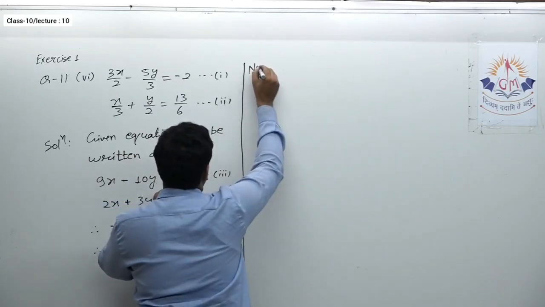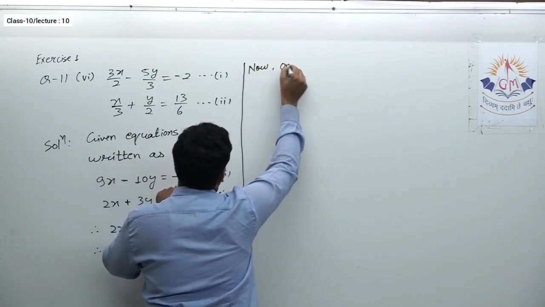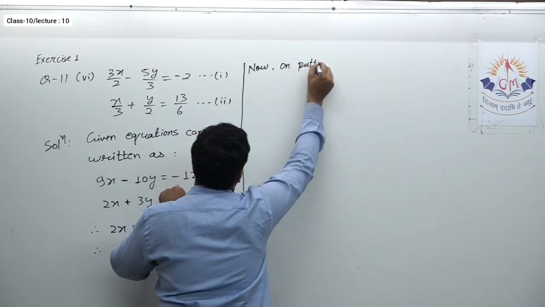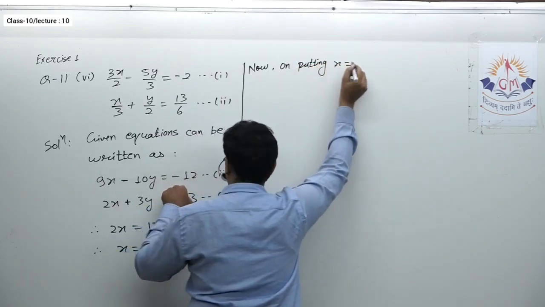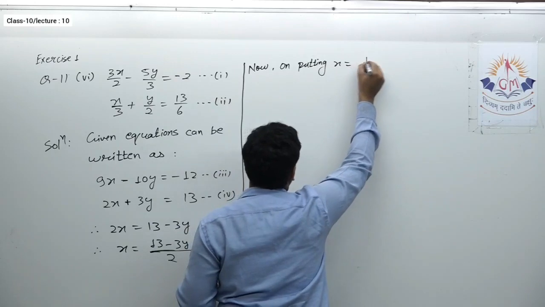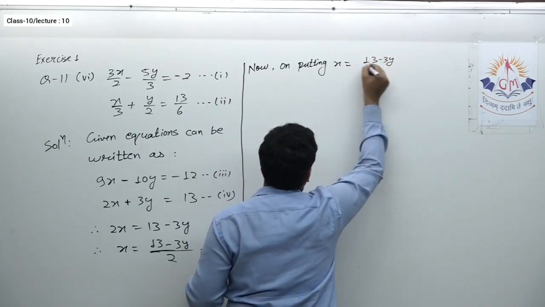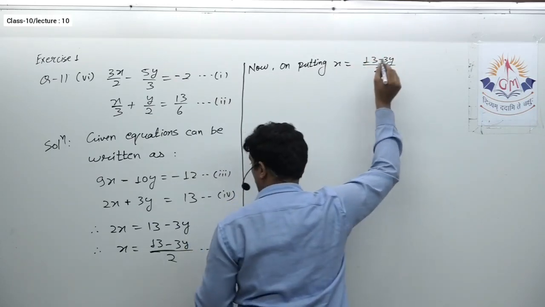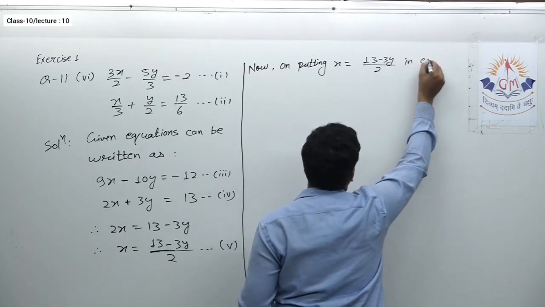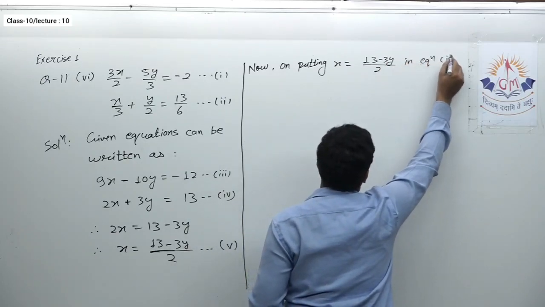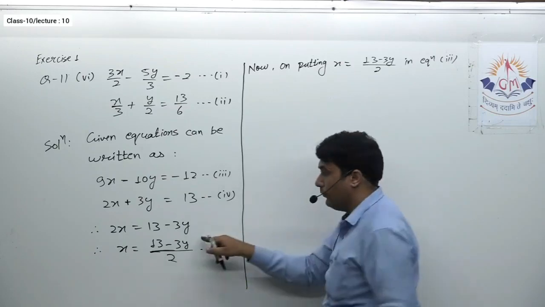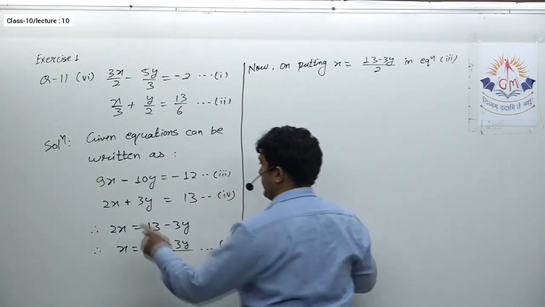On putting x is equal to 13 minus 3y upon 2 in equation 3. As I obtained this from fourth, I will put it in third.